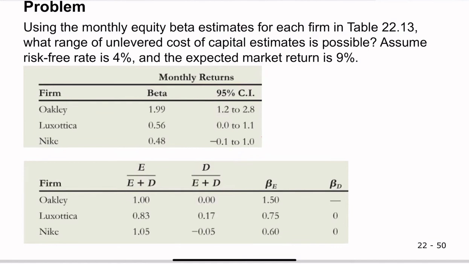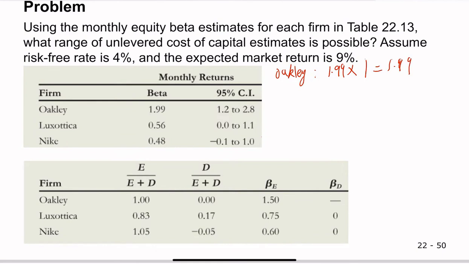For example, for Oakley, its unlevered beta is given by 1.99 times 1, which is 1.99, right?